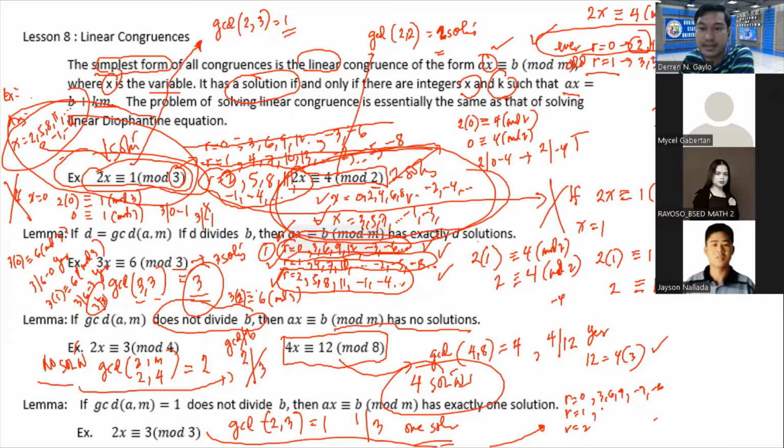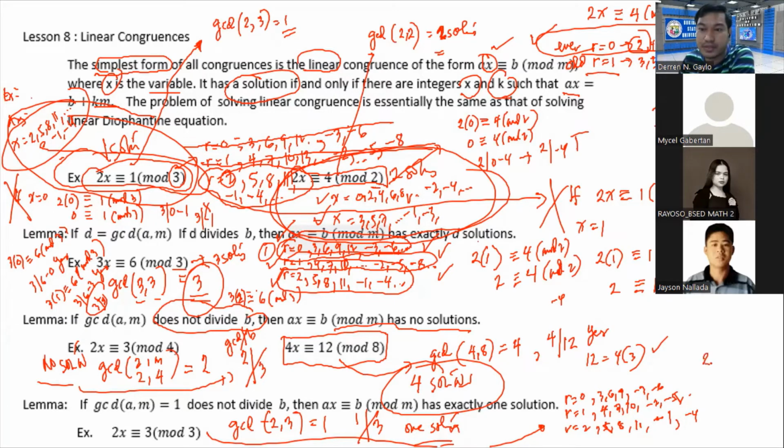Kung 1 plus 3, 4, 7, 10, pwede pod negative 2, negative 5, and so on. Here you have plus 3, 5, 8, 11, or you can have negative 1, negative 4, and so on. Pakita ko na to, asa ang one solution. Kaya ingon man siya nga one solution. Pero one solution daw siya.